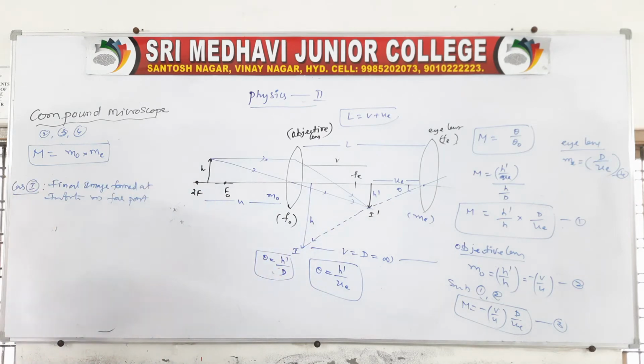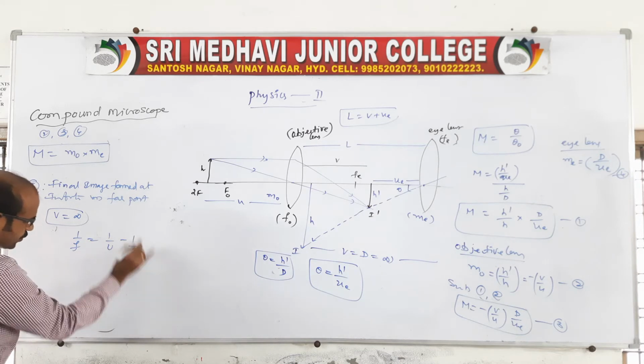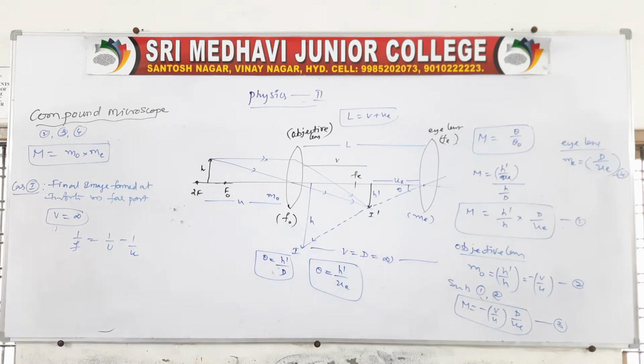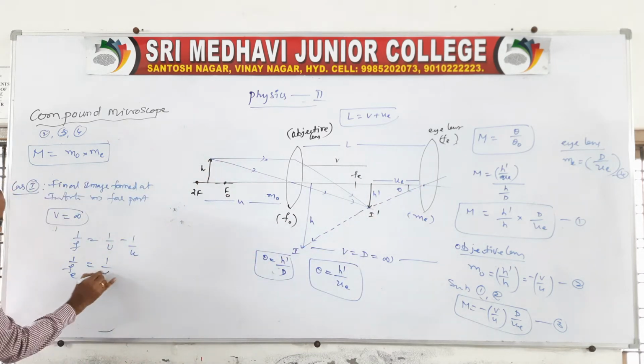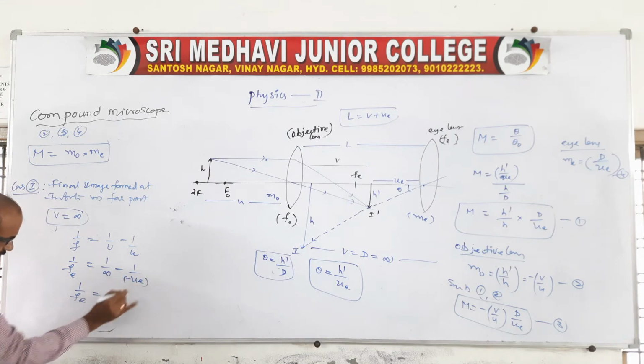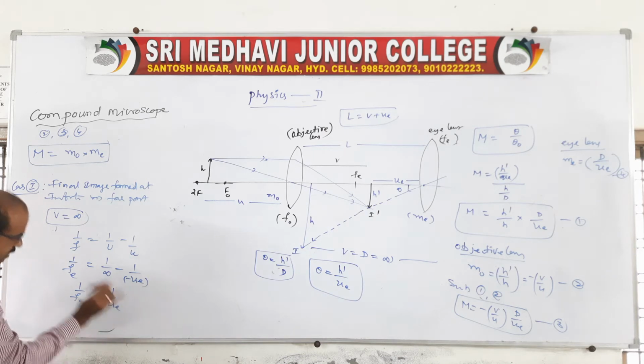So what will happen in this case? We have to find the focal length by using the information that the image will be formed at infinity. Therefore 1 by f is equal to 1 by v minus 1 by u. In terms of the focal length, the image distance is infinity, so 1 by fe is equal to 1 by ue.